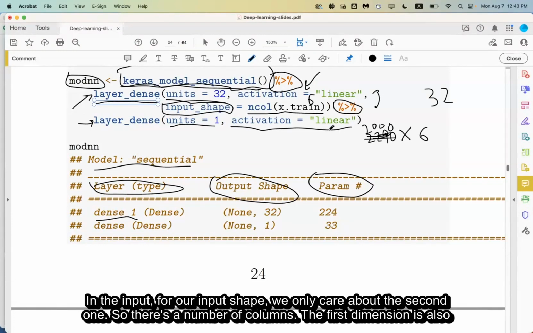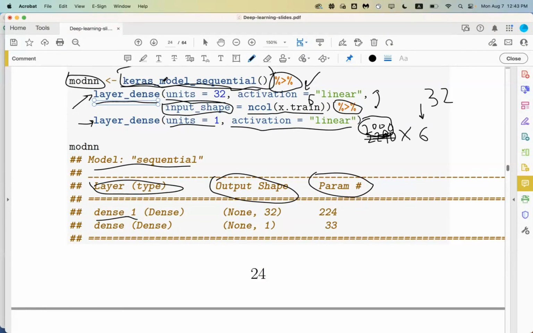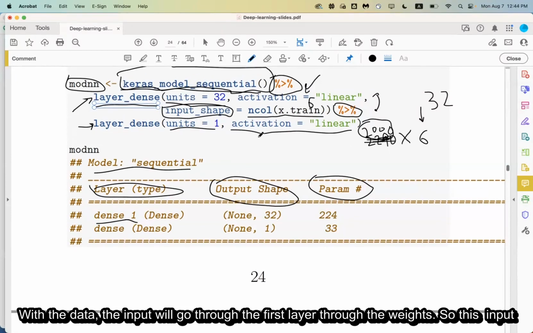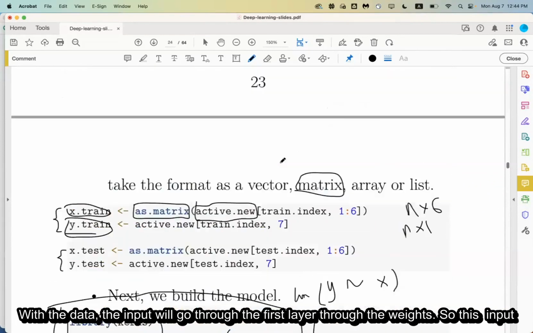For the input shape, we only care about the second one. So that's the number of columns. The first dimension is calculated directly, automatically by this function. So that's our input. The input will go through the first layer, through the width.